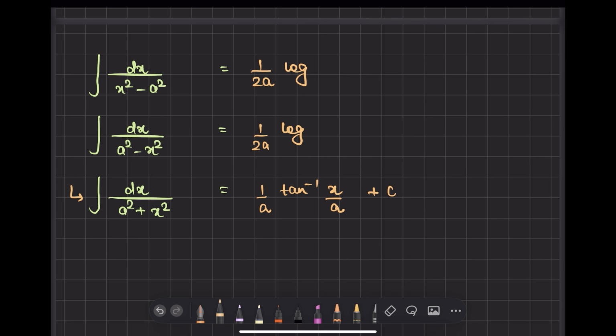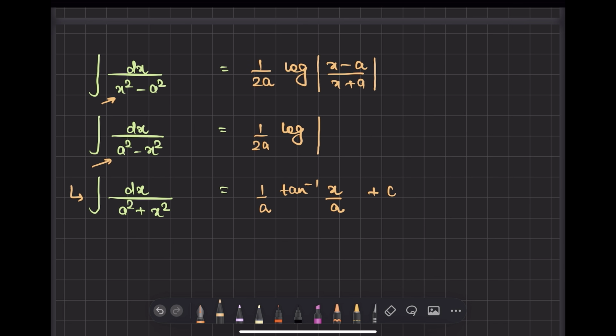The answer is done. Now you have to put mod, because you know that inside the argument of log you should have positive things. So look at this. If x is bigger, x will be placed in the numerator: x minus a by x plus a.